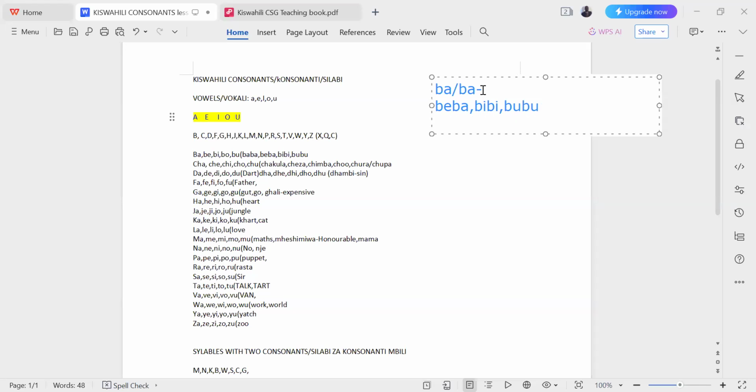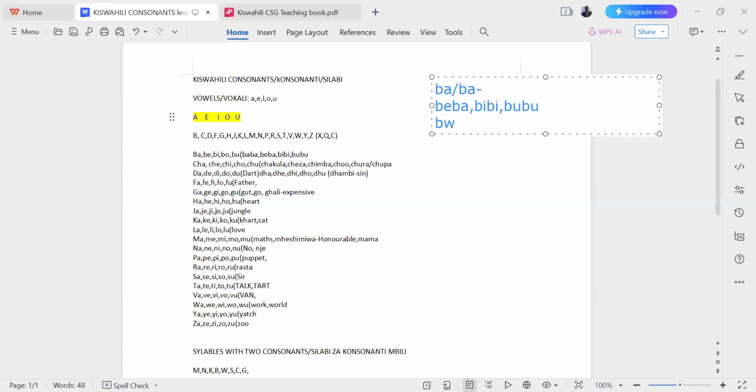So we want to look further at syllables that are made up of two consonants, and that's what our class today is all about. For example, in the letter B, you can have a syllable like BW.